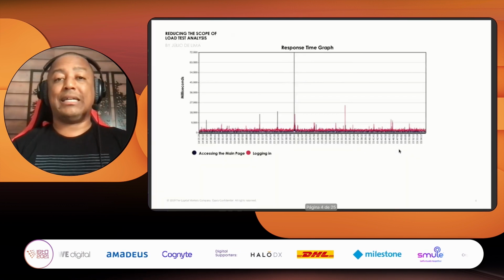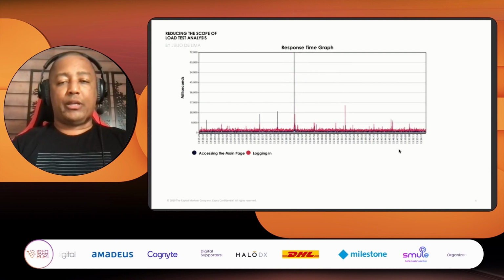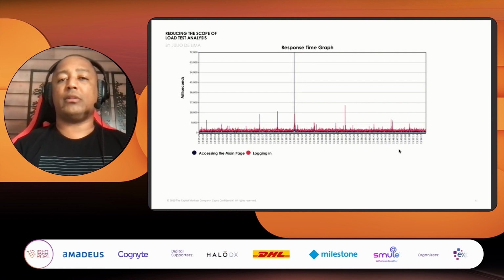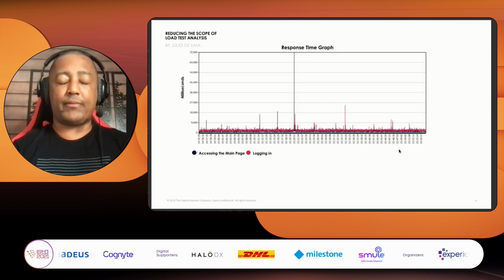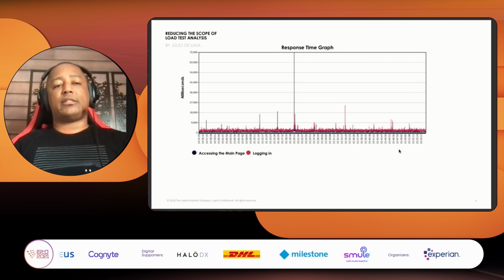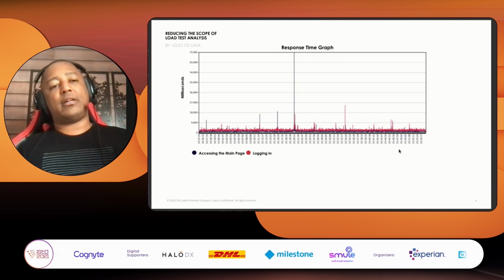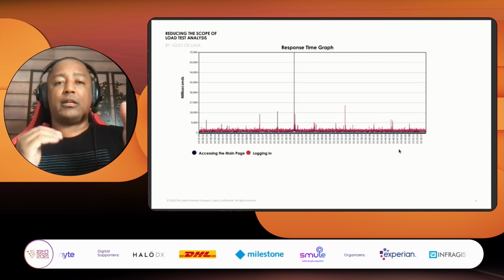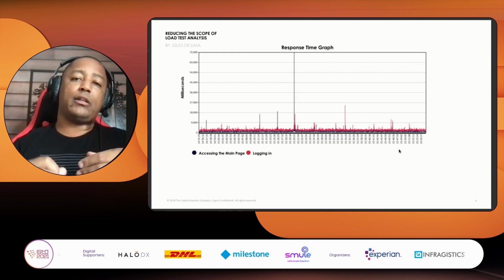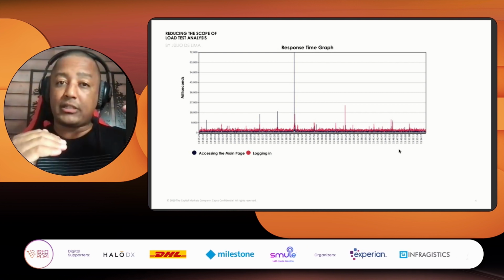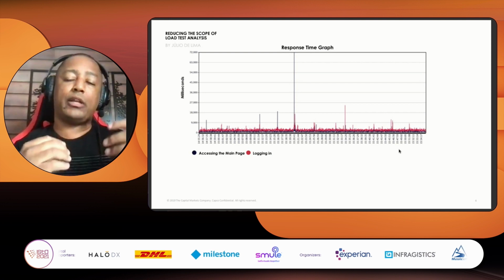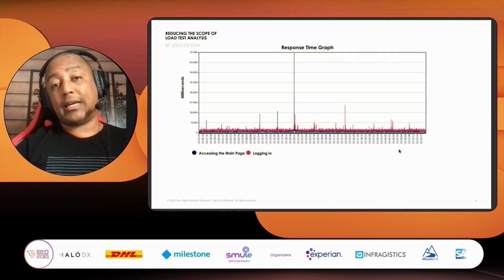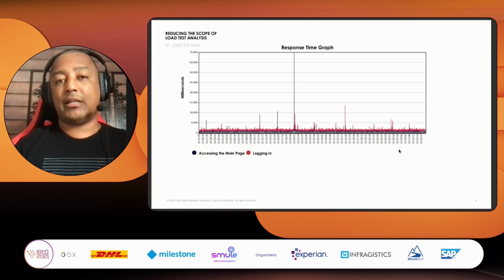So, as I said, we have a big problem when we are analyzing load testing results, right? And the first one is related to this picture here. You see a graph, and this graph has two axes, right? The y-axis is the milliseconds, I mean the load time that the requests took when they were processed by the server, and in the x-axis you see the timeline.